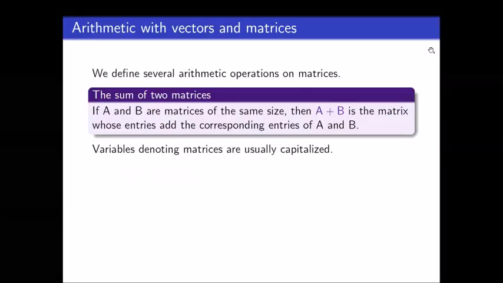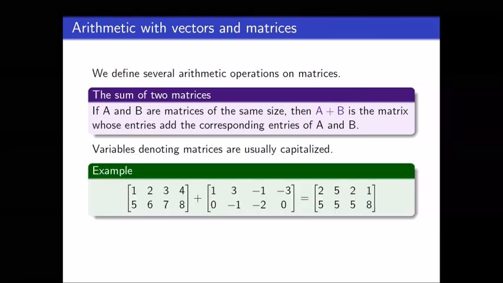And now we're going to move to doing some arithmetic on vectors and matrices. So the simplest operation is that of addition. So if you have two matrices of the same size, that is they have the same height and the same width, then we can add the two matrices by adding respective entries together.